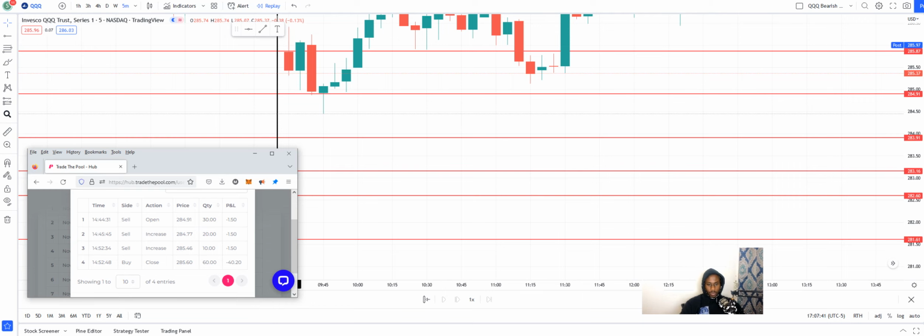So at 9:44, I opened the trade at 28491. 9:44 would be in this candle too. 28491 is actually right on the support there, right here.